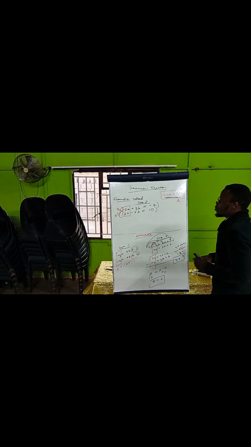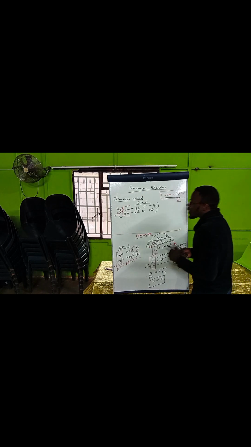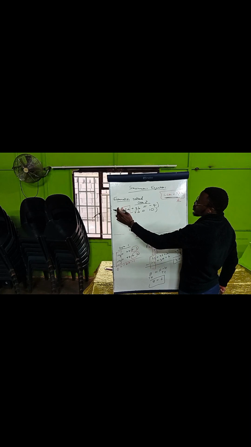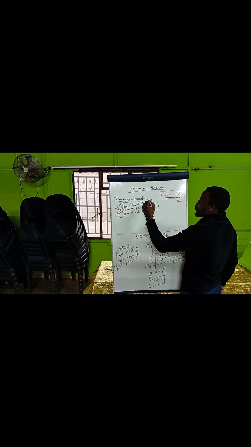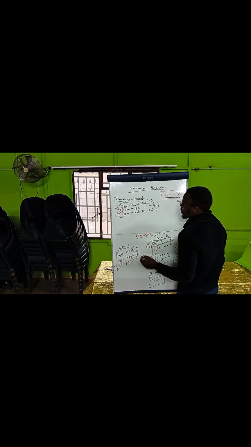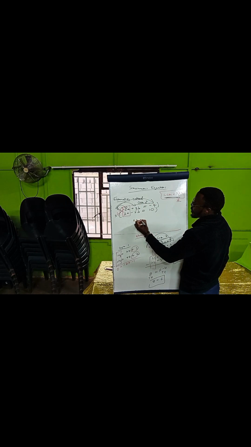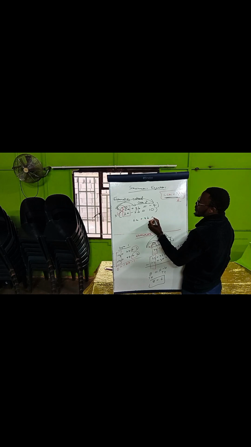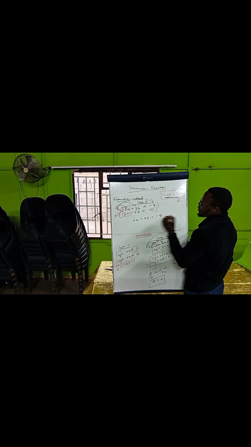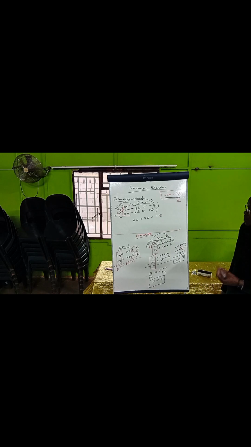Now, you notice that equation 1 will become, so notice the 2 multiplies both sides of the equation. So this would be 6A plus 4B is equal to negative 8, because it's 2 times 3A, 2 times 2B, and 2 times negative 4.